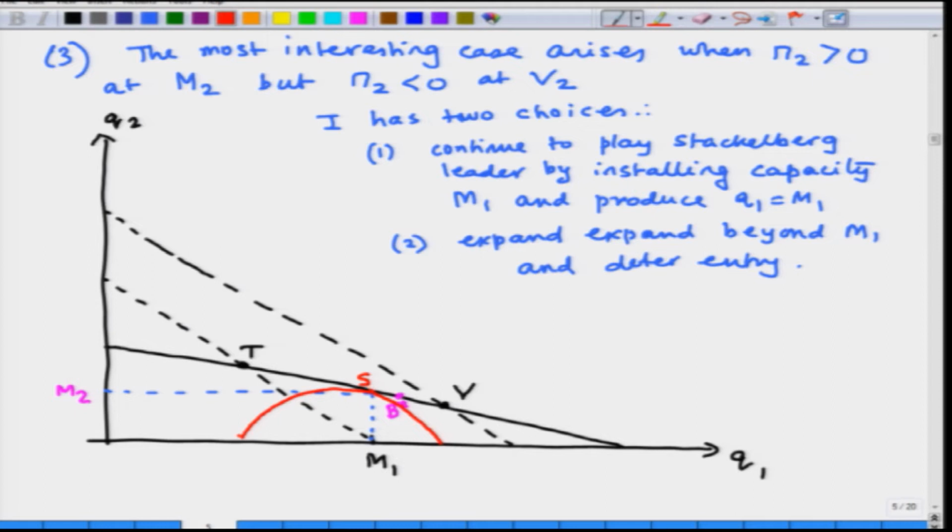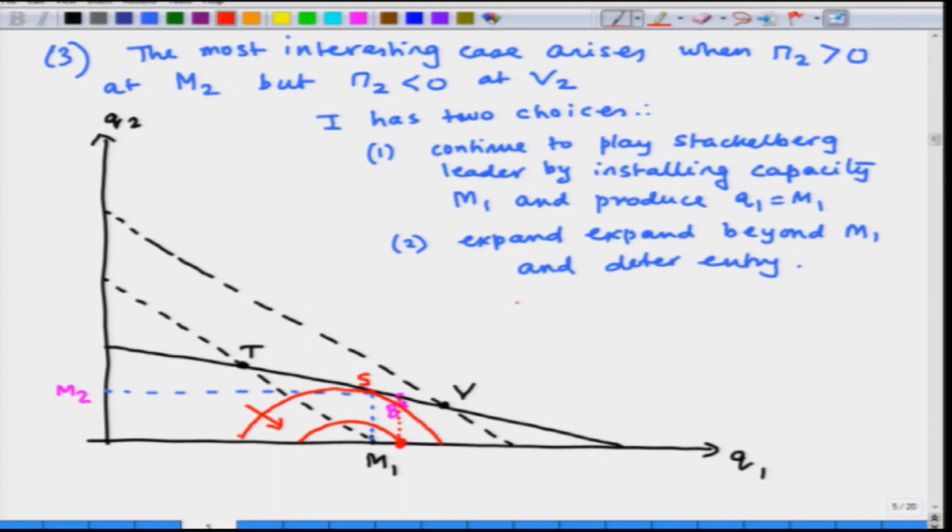On the other hand, if it were to produce B star and deter entry, right, if it were to produce this level of output which is to the right of M1, it would be able to deter entry, and because profit is increasing as we move down, the incumbent might find it profitable to actually increase capacity and deter entry.